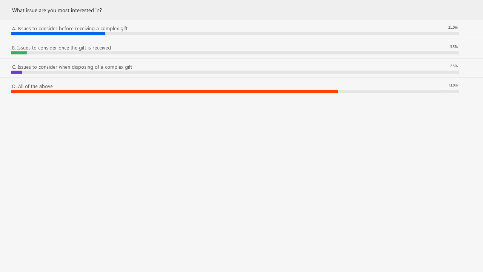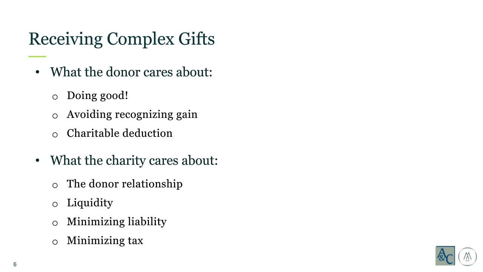But anything else that isn't quite so simple, which may be interests in closely held businesses, real estate interests, investment fund units, cryptocurrency, all of those assets tend to raise more questions, some of which are tax issues. Thanks for putting the slide up.